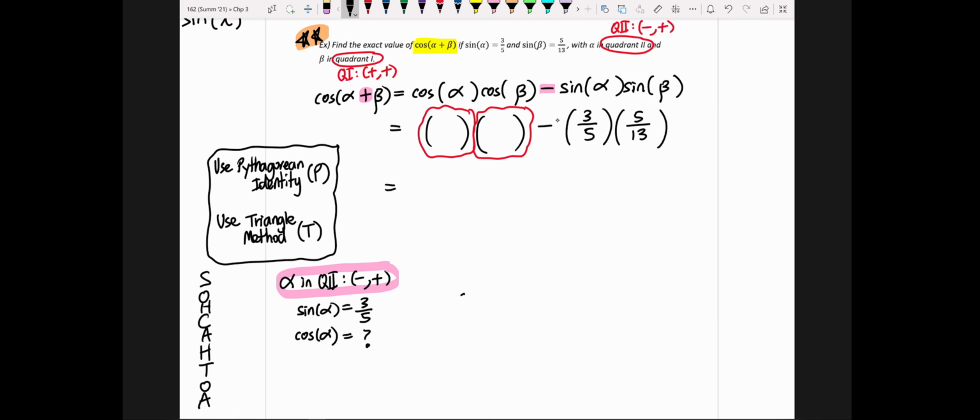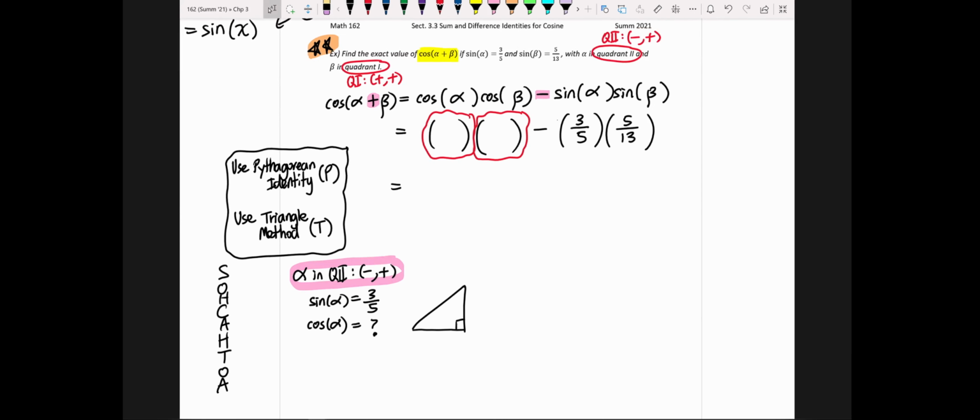But I want to introduce us to the triangle method because later on in chapter 3, this method is going to save us some work. So the triangle method is filling in our triangle. Sine of alpha, remember sine is the ratio of opposite to hypotenuse.